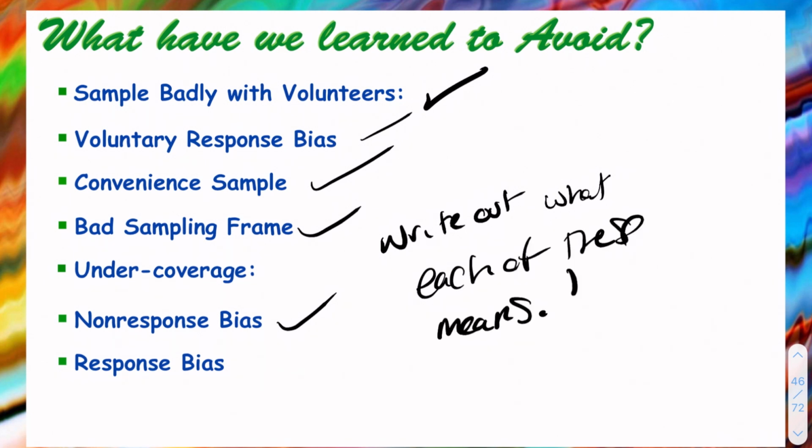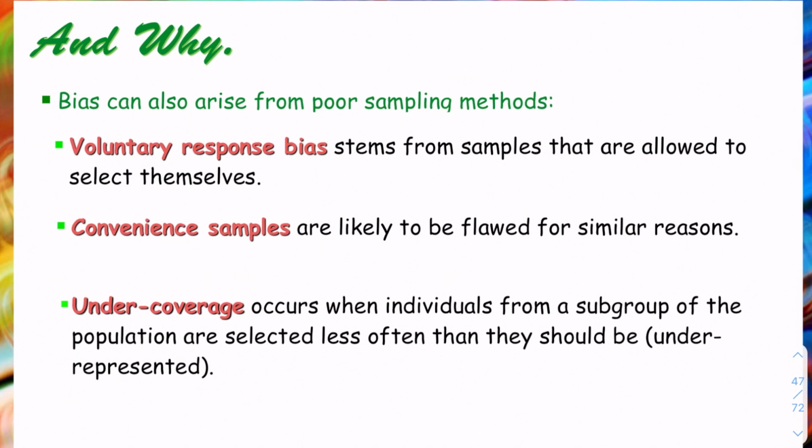I want you to be super clear. Each of these has a clear definition in your book. Please make sure you know what you're talking about and we're not just throwing out, "Oh, that seems like a convenience sample. Oh, that's non-response." I need you to know what those terms mean. If not, check back to the notes.